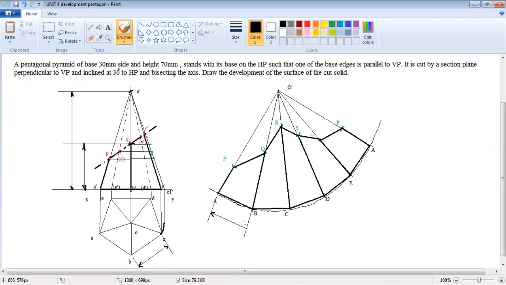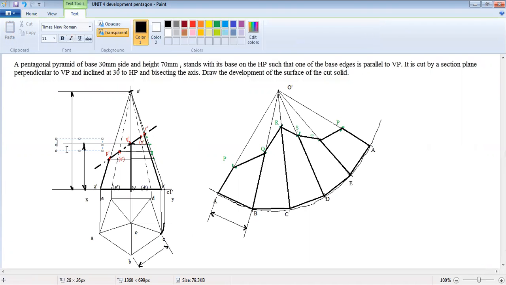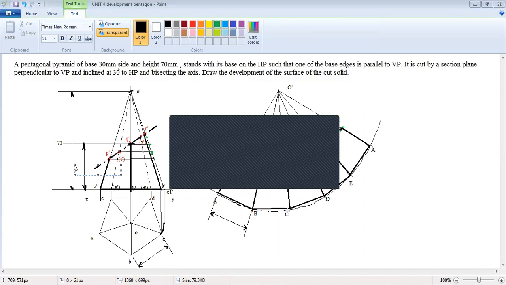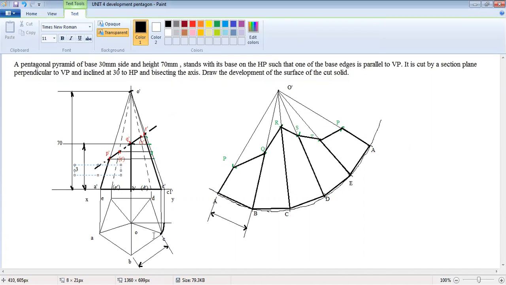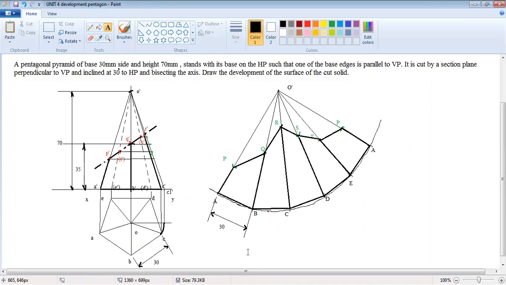This one is the side of 30 mm taken for the height 70 mm, 30, 5. This one is 30 and this one is 30. Hope you can understand this. Thank you for this.